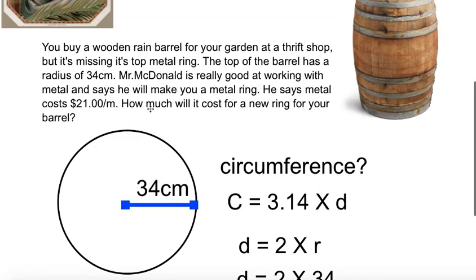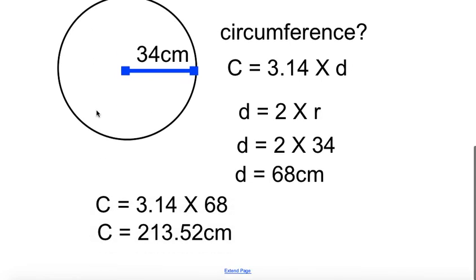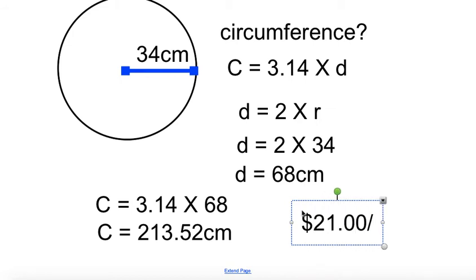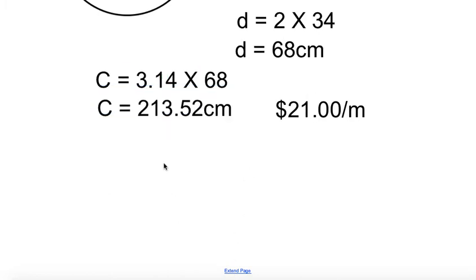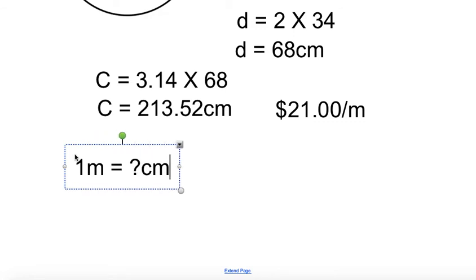However, if I go back and read the question, metal costs $21 per meter. I'm just going to write that down here so I don't have to keep looking up there. But I don't have meters. I have centimeters. So I have to think to myself, well, meters and centimeters. If I had a meter stick, if I had 1 meter, how many centimeters are in that meter?